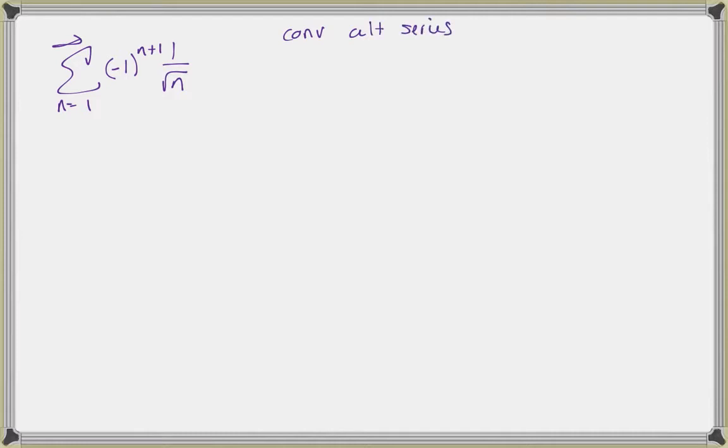Now we want to say, what would happen if we took the absolute value of it? If we took the absolute value of this, then we'd be talking about the series of just 1 over the square root of n. That's actually a p series with a power of 1/2. A square root is like a power of 1/2. We learned p series are divergent if that power is smaller than or equal to 1.